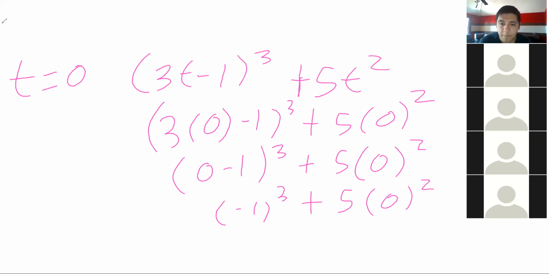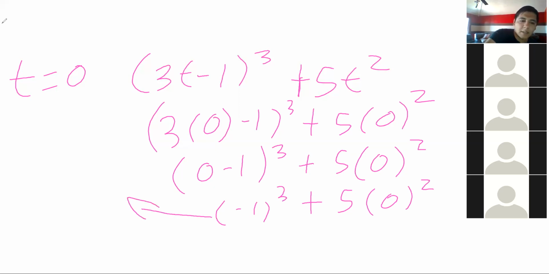The parentheses again. Well, we're pretty much done there, so we can move on from the parentheses. So what's the next step? The exponents, right? -1 cubed, what do we have there? -1. Will that be like -3? Well, actually it's -1, right?